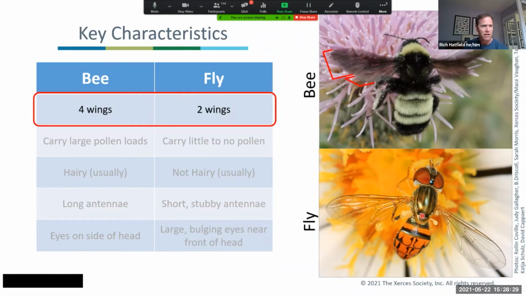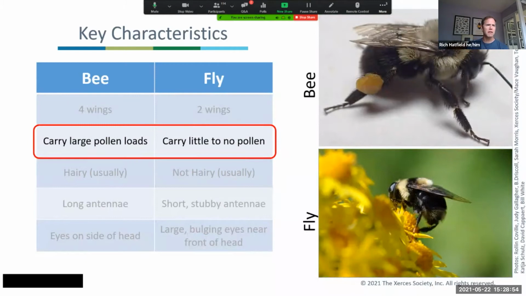So they have 4 wings, but they have these tiny little wings that aren't developed anymore. But bees, you can see this bee here has a hind wing and a forewing on each side. It's a little hard to see, but if you look closely enough, or maybe if you squint, or maybe you just trust me, there are actually 4 wings there for that bee.